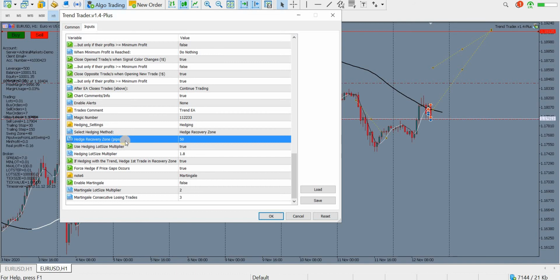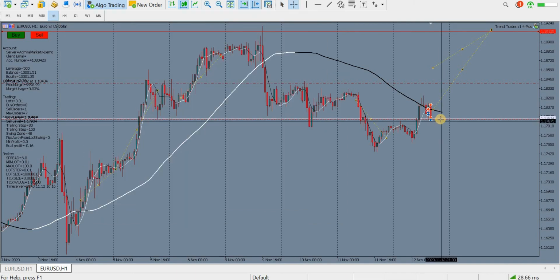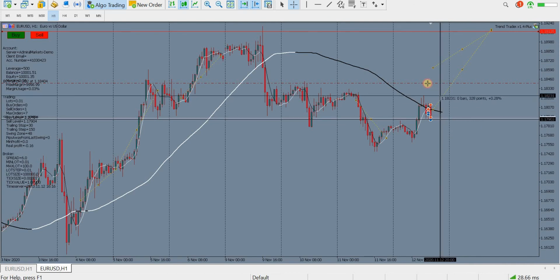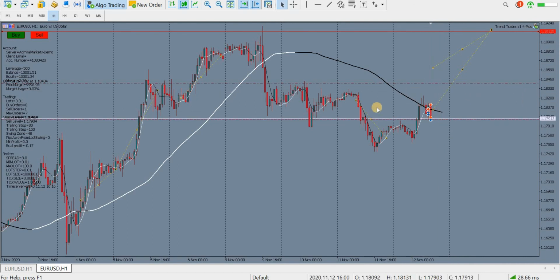That means that if you set the recovery zone to 50 pips away from the open order, the expert advisor will place an opposite pending order. And the lot size of the pending order will be higher than the lot size of the open order. I've explained this before.